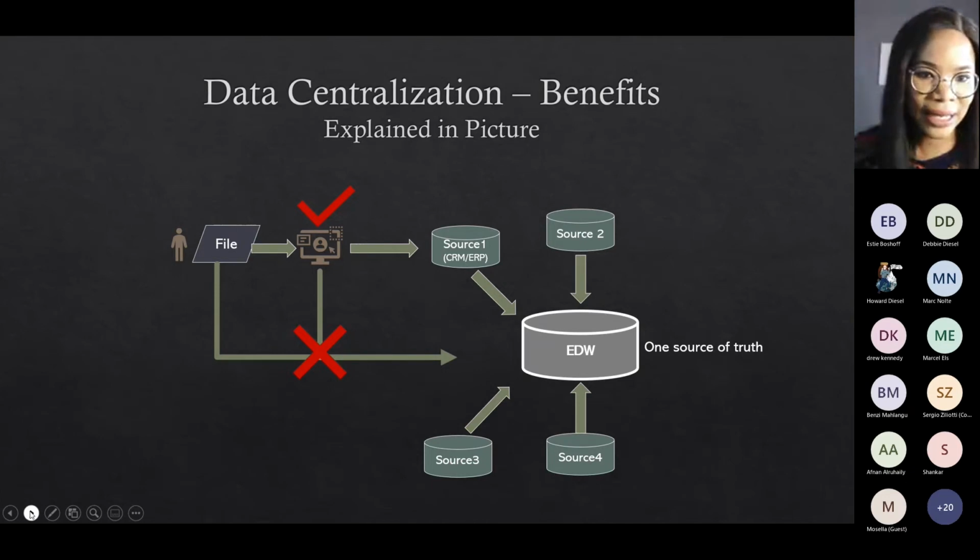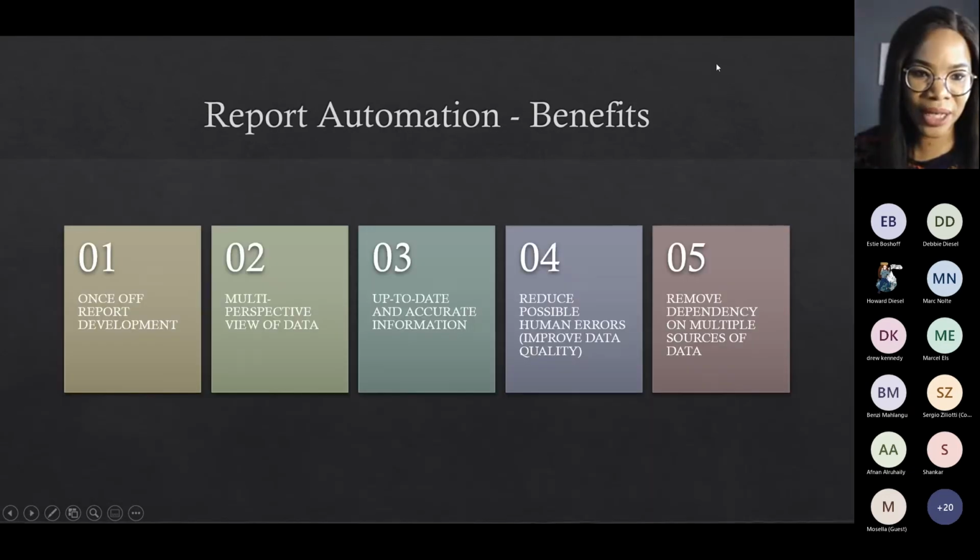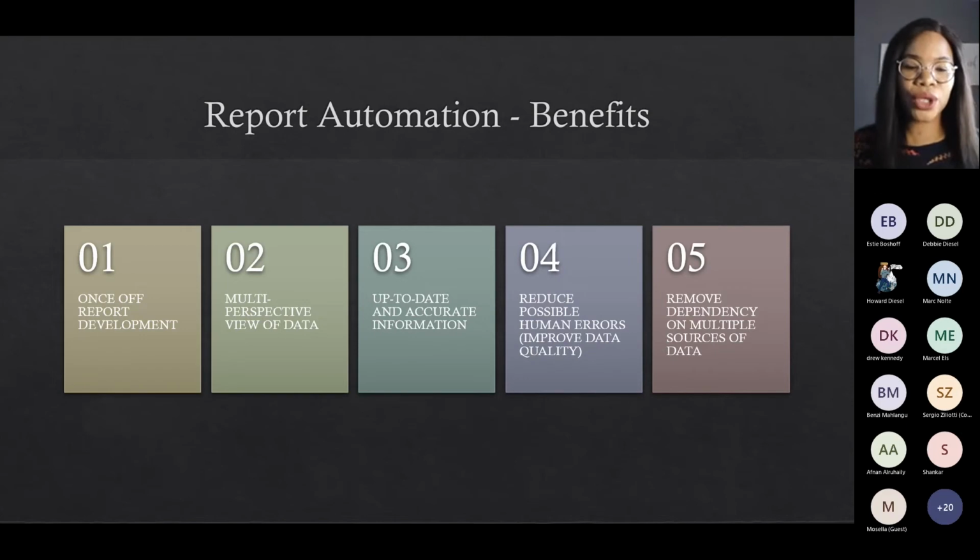And then here, now we're just going to move to the report automation benefits, what it actually does. So when you go through a journey of automating your reports, in most cases, you just develop once.